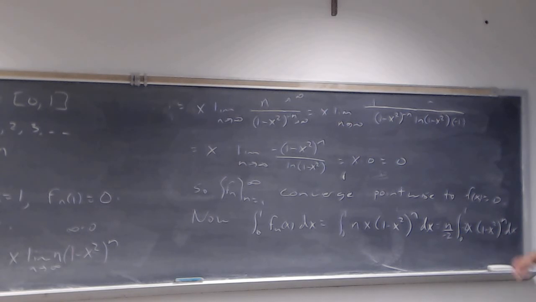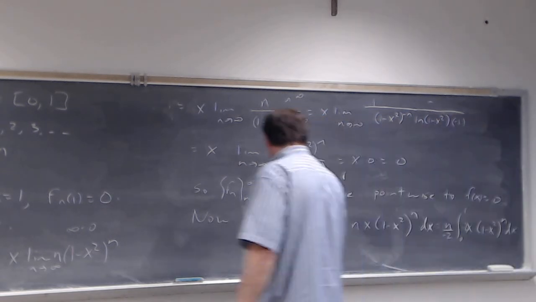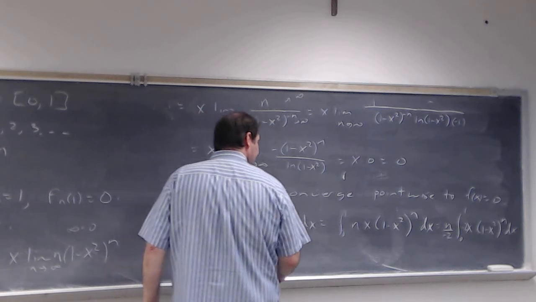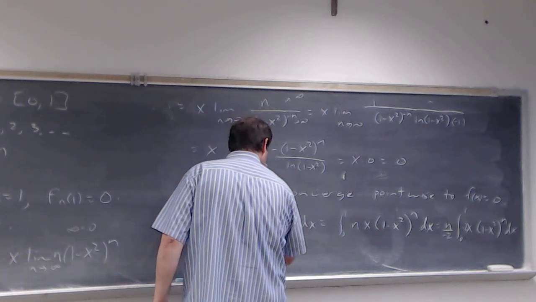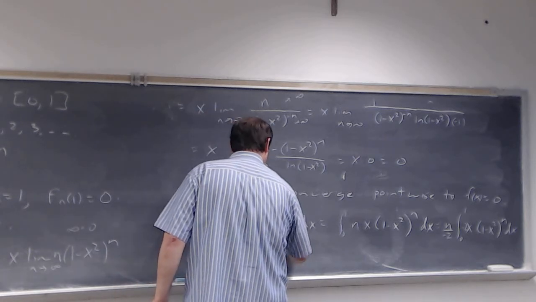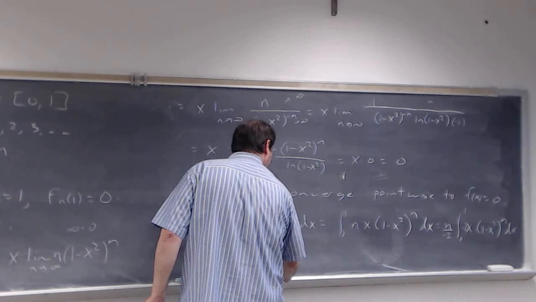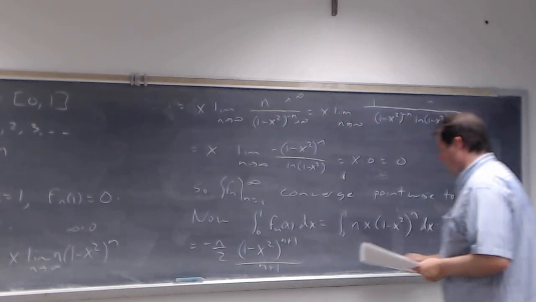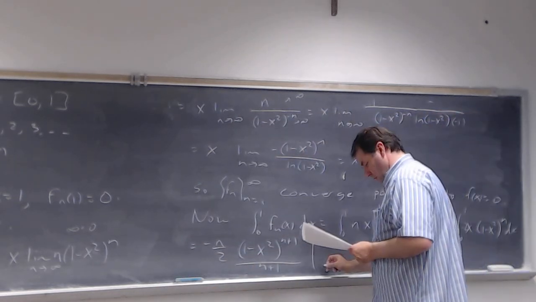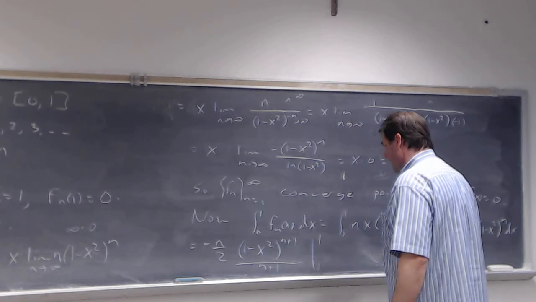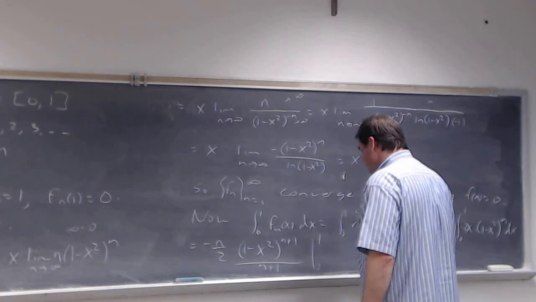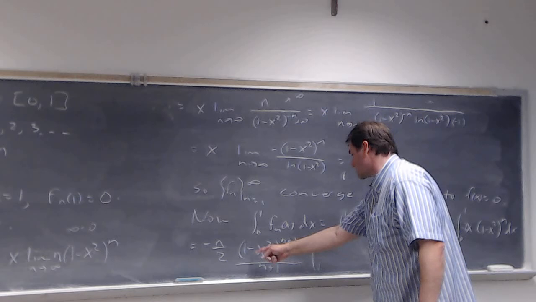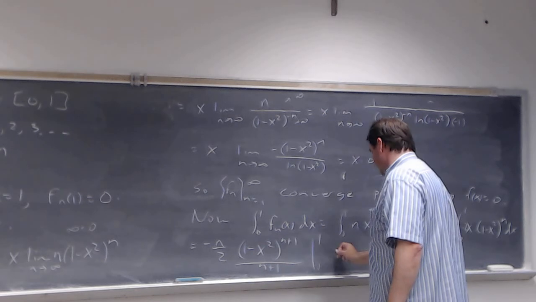I can pull constants in and out of the integral. And so now we have minus n over 2. And an antiderivative for this guy is 1 minus x squared raised to 1 higher power, divided by this new higher power. Okay. And I want to evaluate that from 0 to 1. Well, when you stick in 1, 1 squared is 1, 1 minus 1 is 0, so you're just going to get 0.